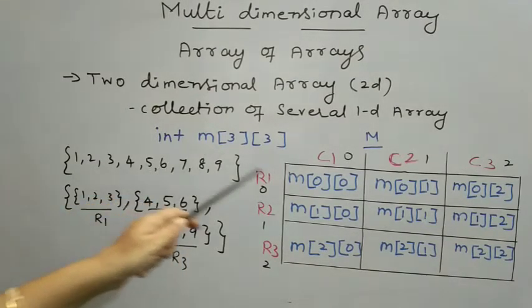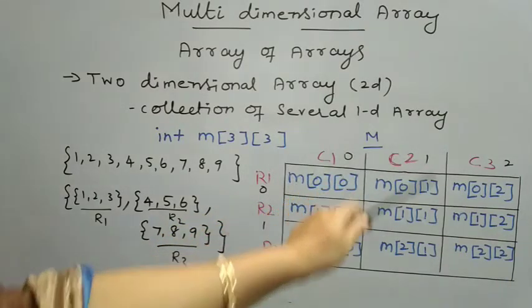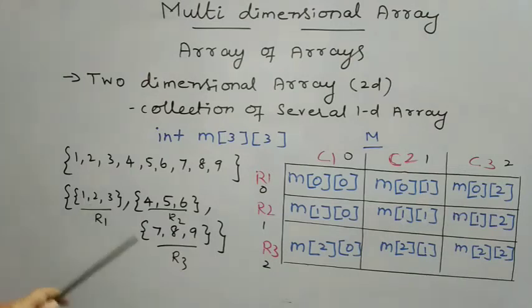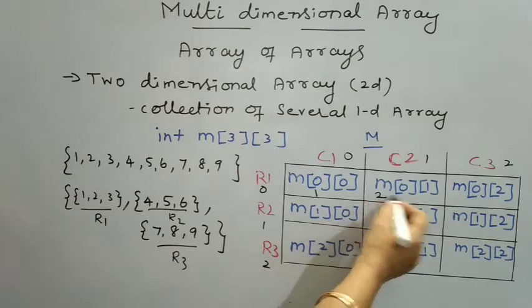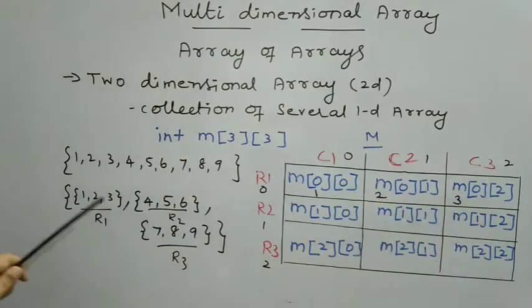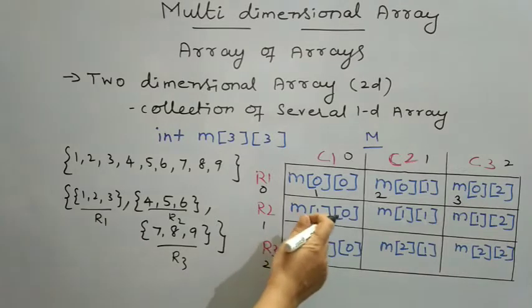Here we visualize how the individual elements are organized. These are the values of the elements. If we assign these values to the individual elements, the values of the first row are 1, 2 and 3. The values of the second row are 4, 5, 6, starting at M of 1 of 0.